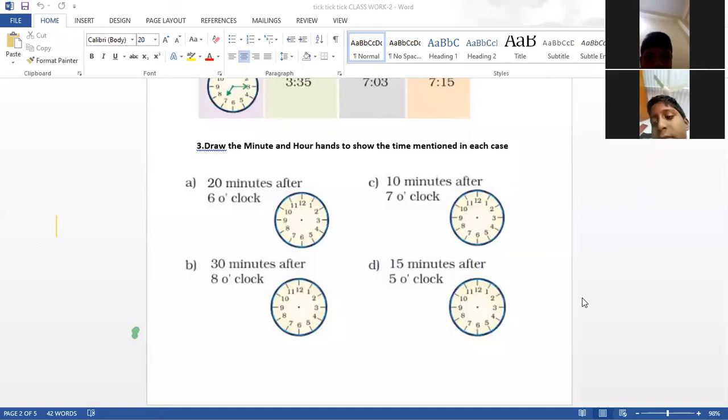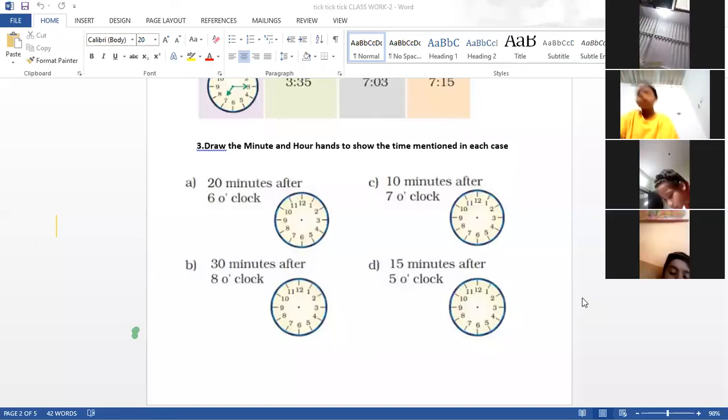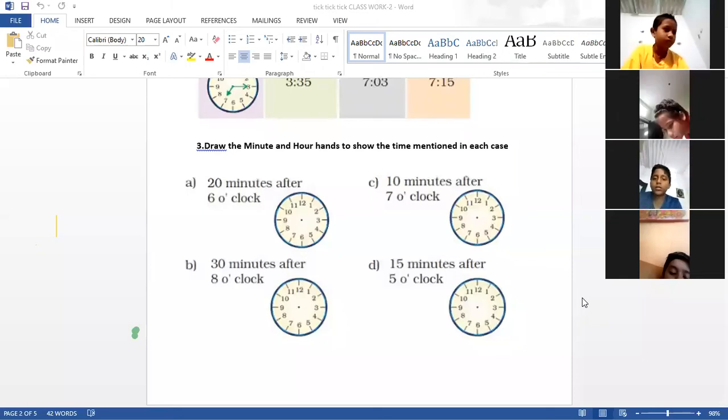It slightly moves. It reaches towards 9. So it will not be at 8, it will be after 8. As minutes are moving after 6, after 30 minutes, the hour hand goes slightly like this.